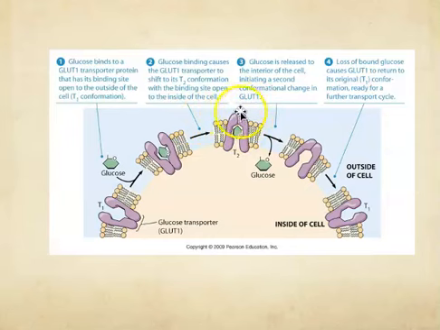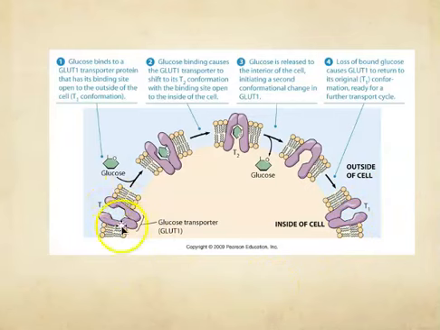Essentially, it's going to close to the outside and open to the inside. That's going to allow the glucose to come into the cell. That's what they're showing us here. Once the glucose is gone, away from the protein, it will go back to its original shape, open to the outside. And then we just go around again.